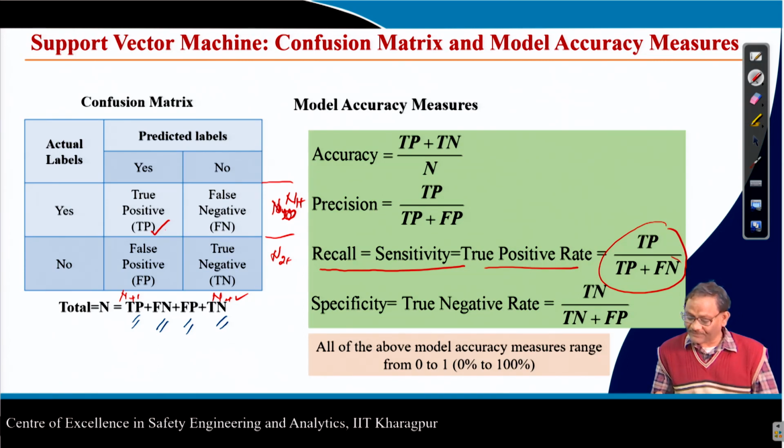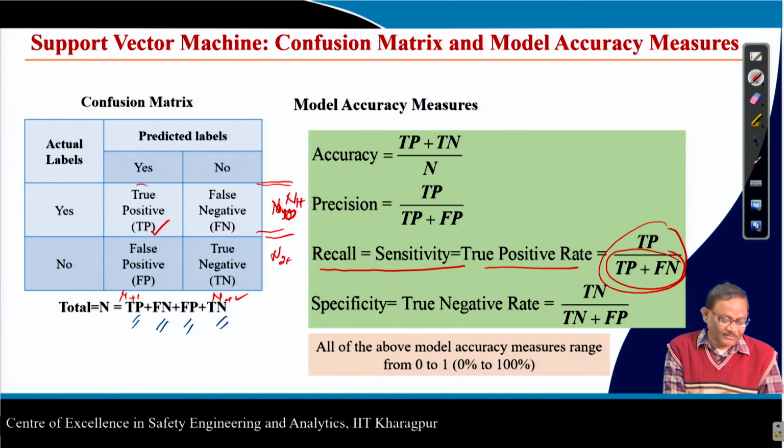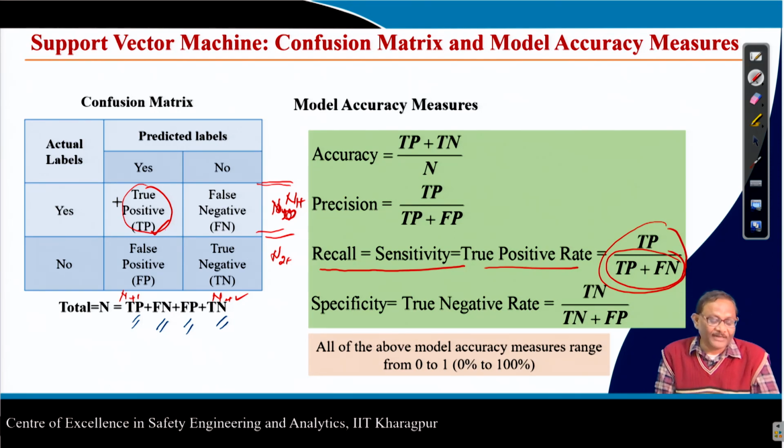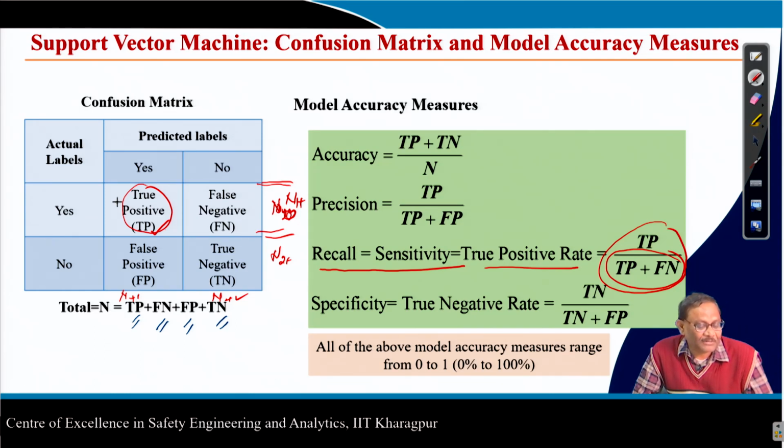So TP plus FN is basically the row total. That means it is the proportion of actual positives that are predicted positive, out of the positive samples. Similarly, what is the proportion of the true negatives out of the negatives.